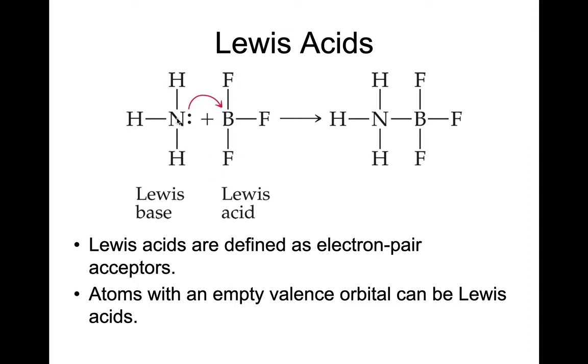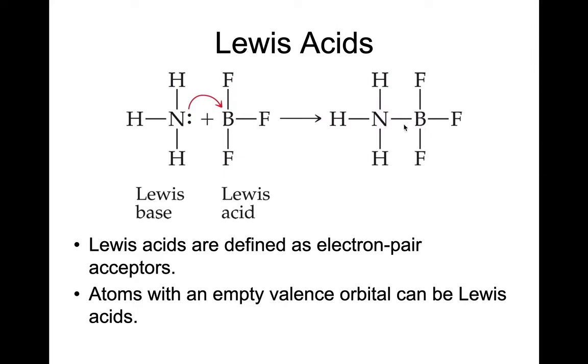I've got a different one on here to demonstrate this. This reaction has been drawn out with the Lewis structures to make this definition a bit more illustrated. Our acids are the electron pair acceptors. When this reaction takes place, this electron pair on nitrogen moves to the boron or gets shared with the boron.